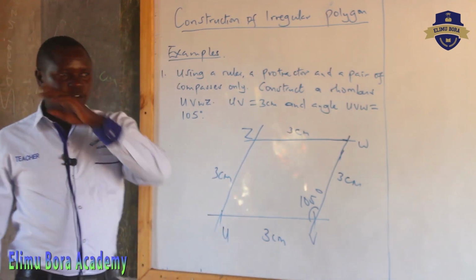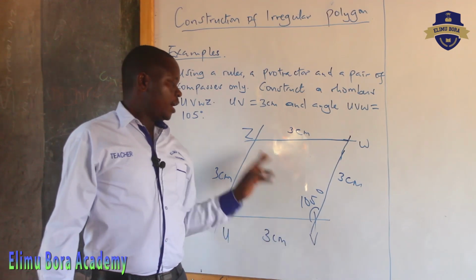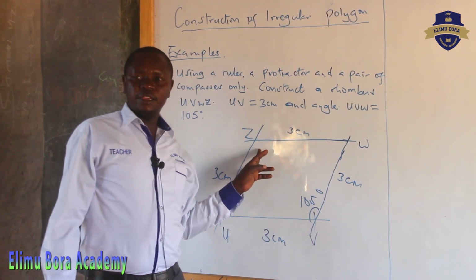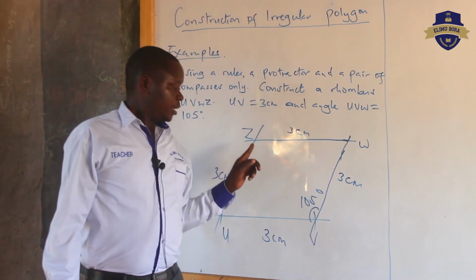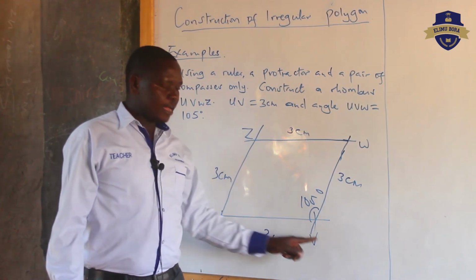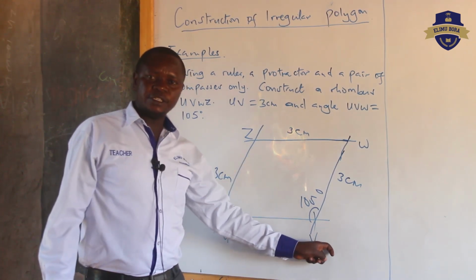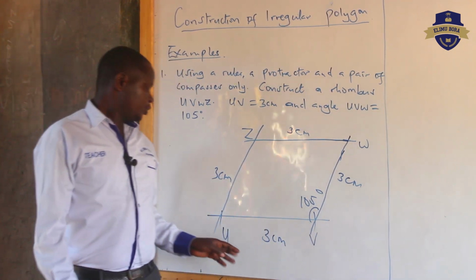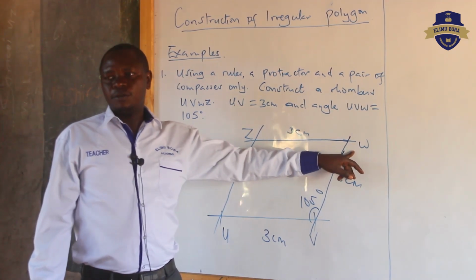Another property of this rhombus: the opposite angles V and Z are always equal. Tunaelewana? Kwa pamoja? Hii na hii ni the same. The angles at points Z and V are always equal, and also the angles at points U and W are equal.